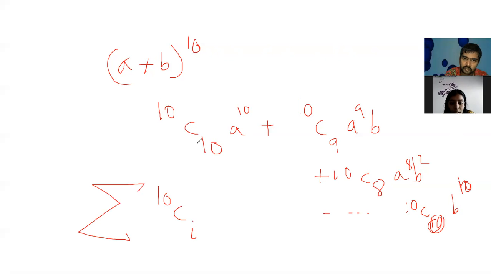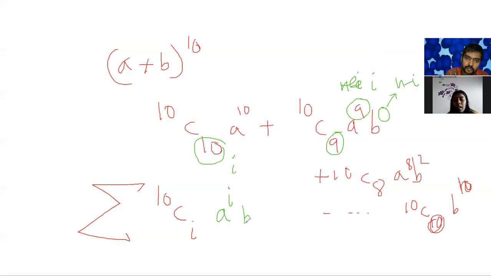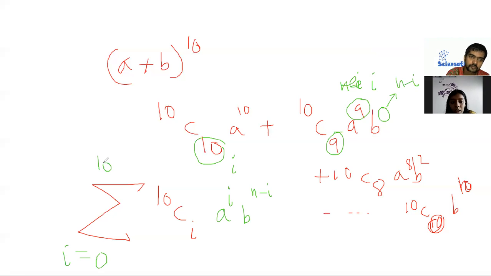We see a pattern. It's decreasing. If this fellow is i, this fellow is n minus i. This fellow is also i, and this fellow is n minus i. So I chose i apples and n minus i bananas, and i starts from 0 and goes till 10.